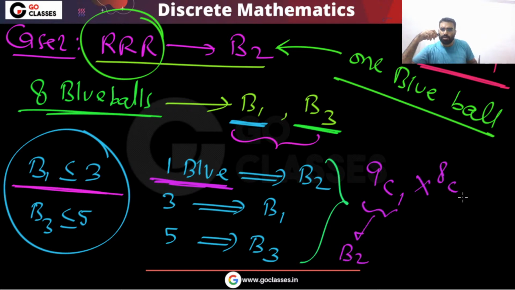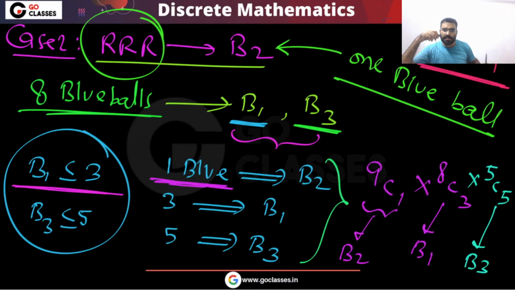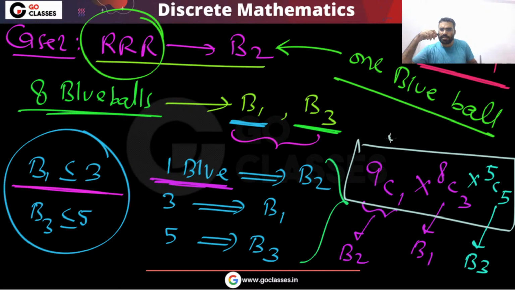From the remaining, you select 3 which will go to B1, and the remaining balls will go to B3. This is the answer for case 2.